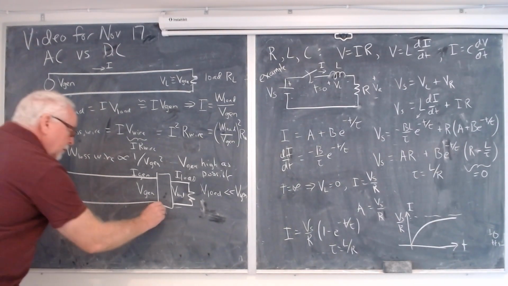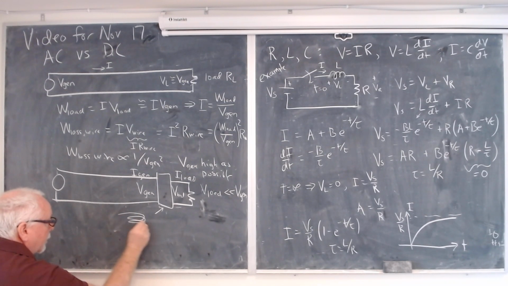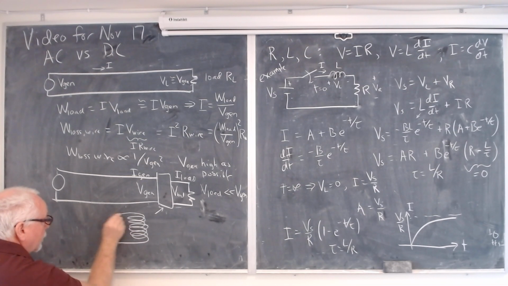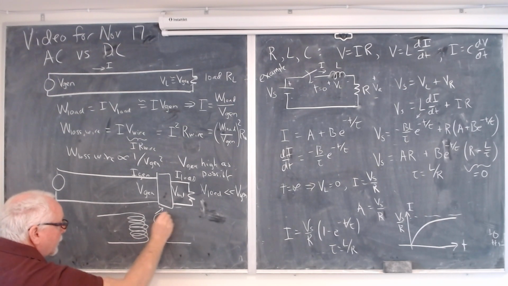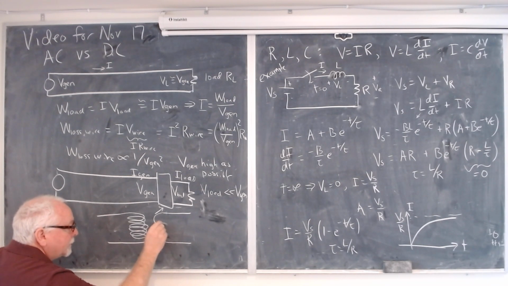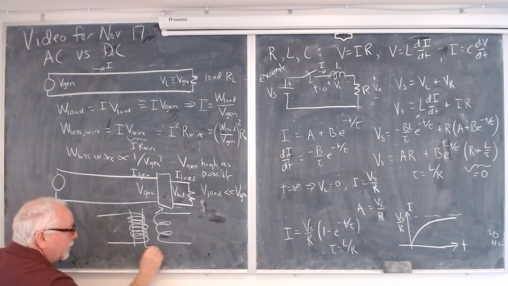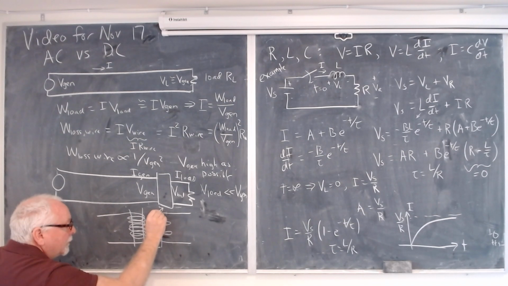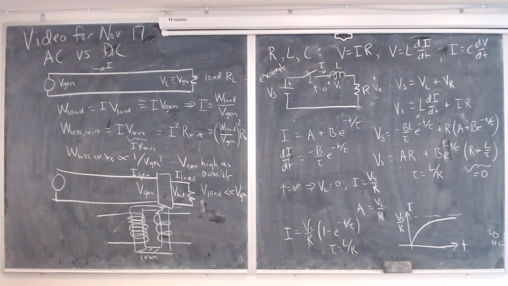Now, what is this thing? That is a coil. And furthermore, you draw it well enough, it's two coils like this where I have a piece of iron or some other ferrite material that goes through both coils.